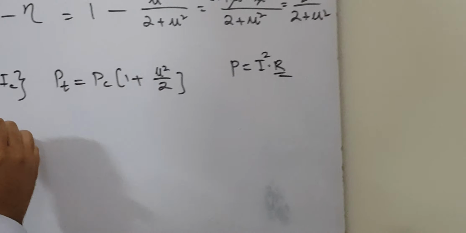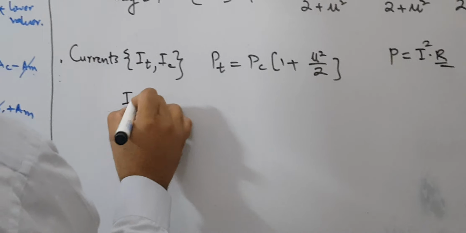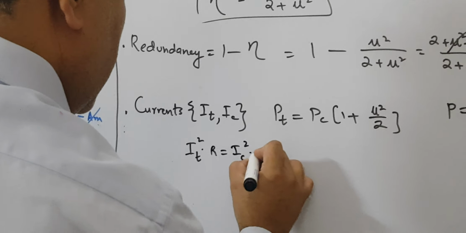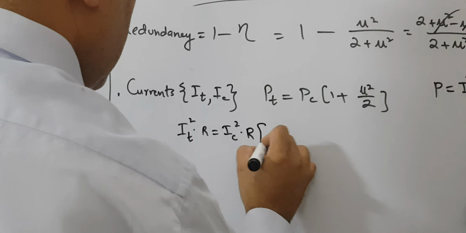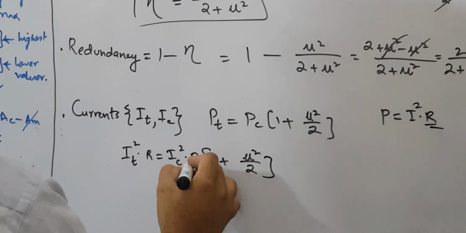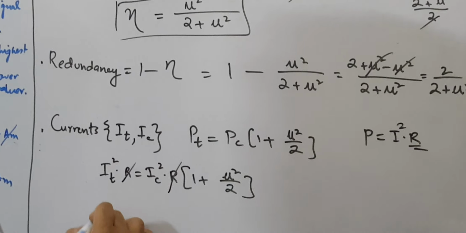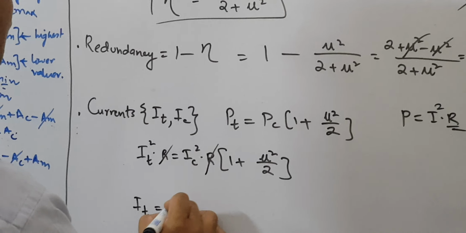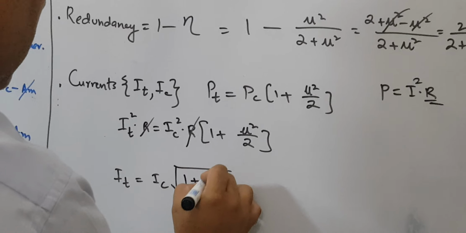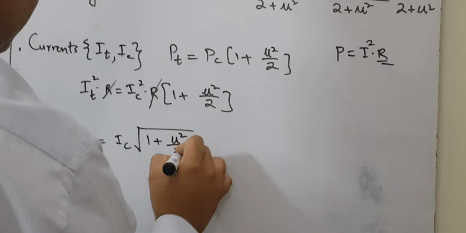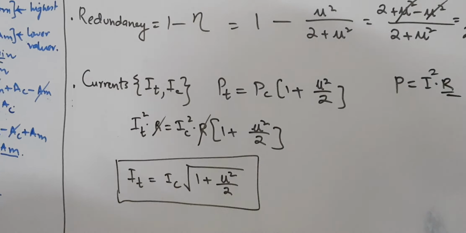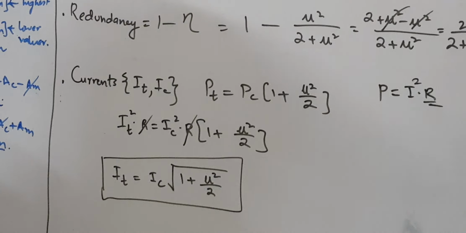So you can write It square multiplied by R is equal to Ic square multiplied by R times (1 plus mu square divided by 2), and R will be cancelled out. So It is equal to Ic times the square root of (1 plus mu square divided by 2). That is the total current of the system.